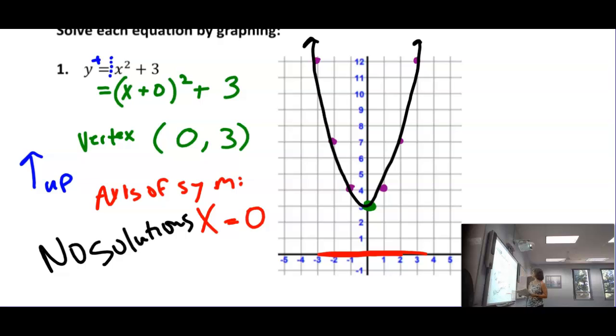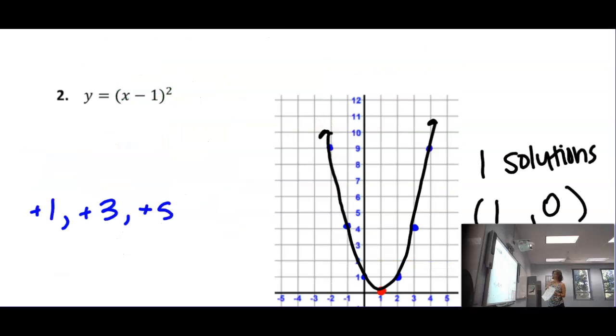What about my next graph? Obviously, I'd like you to practice graphing this, but we're not going to take the time to do that. My building numbers are 1, 3, and 5 because there's nothing in front here, right? There's just that imaginary 1. I'm going up. What's my vertex?